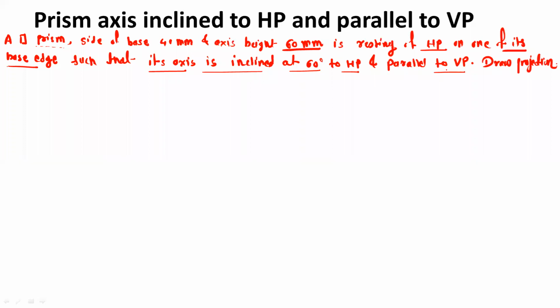Okay, draw the projection. So here the solid is resting on the HP on one of its base edges. Its axis is inclined to the HP by 60 degree and it is parallel to the vertical plane. Okay. So let us see the given position of the solid in 3 dimensions.